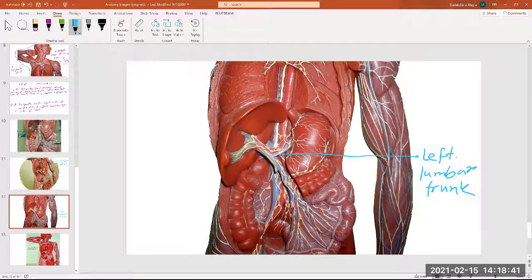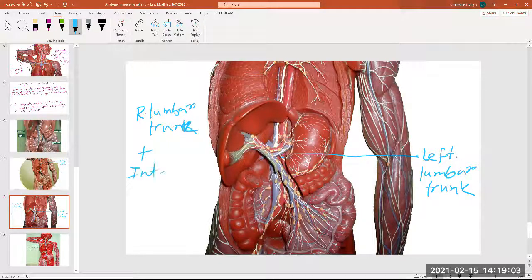Left lumbar trunk is draining from the left lower extremities. There is a right lumbar trunk draining from right and an intestinal trunk from the viscera.